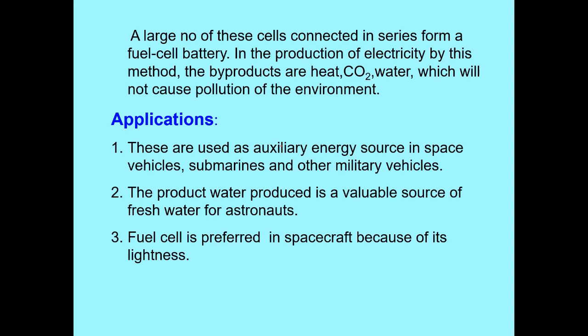They are not any kind of harmful chemicals. So in the production of electricity by this method, the byproducts are heat, carbon dioxide and water, which will not cause any kind of pollution of the environment. Basically they are environment friendly.